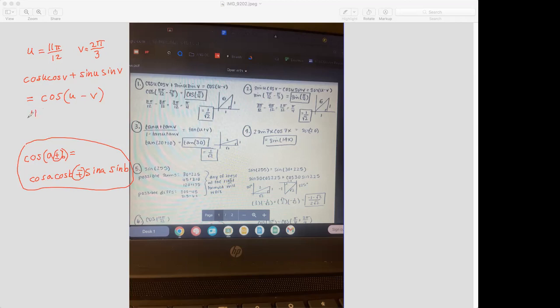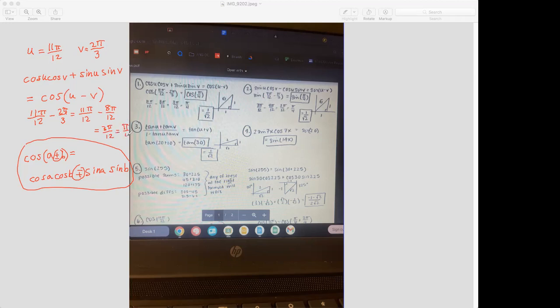I'm going to subtract: U is 11 pi over 12 minus V. I'm assuming we're all familiar with common denominators, so I'm not going to spend too much time explaining that. Okay, so that is 3 pi over 12, which reduces to pi over 4.